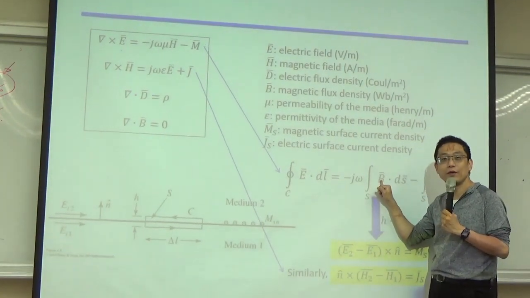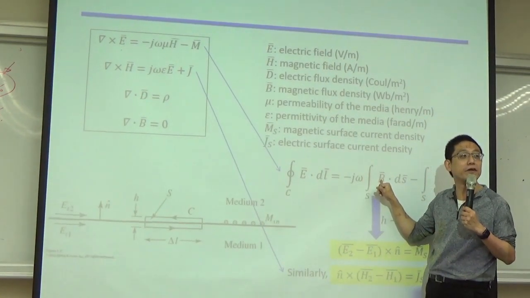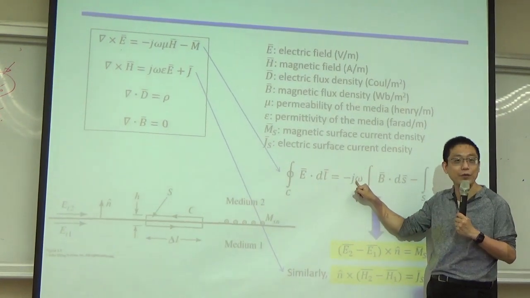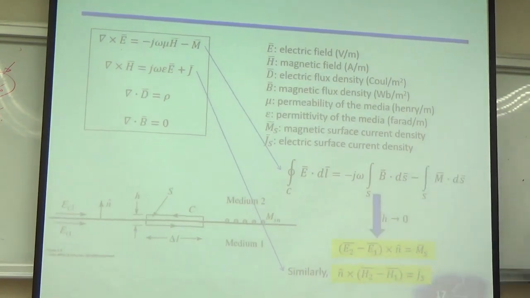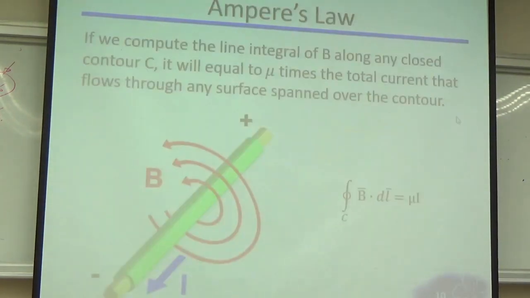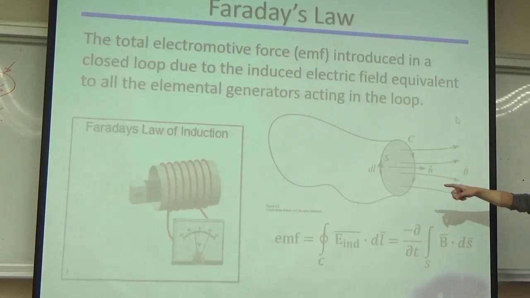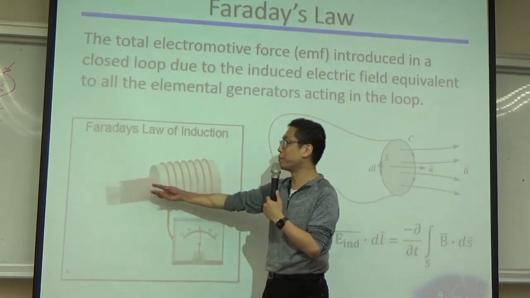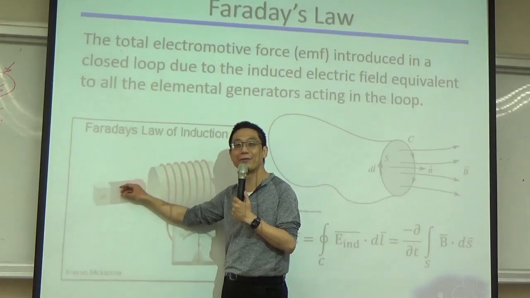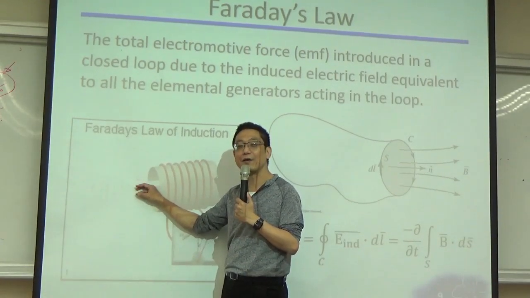B. If your magnetic field is changed with the time, which means you move your magnet, you change the B. This is what happened in real world, right? And what will happen?